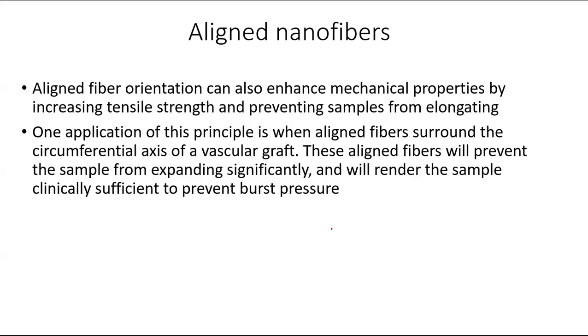One application of this aligned fiber principle is a vascular graft. These aligned fibers will prevent the sample from expanding significantly and will render the sample clinically sufficient to prevent burst pressure. So in order to maybe replace certain blood vessels, this is a good method.